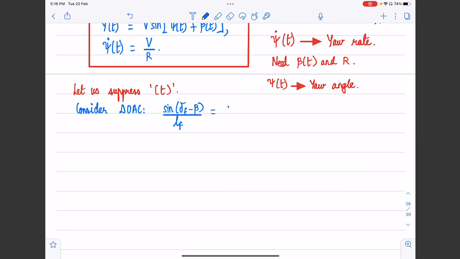That's going to be equal to sine of (pi/2 minus delta f) divided by R. So this is quite straightforward. And what is sine of 90 minus theta? It is essentially cos theta. So this is going to be cos delta f. So this is also something which we know.